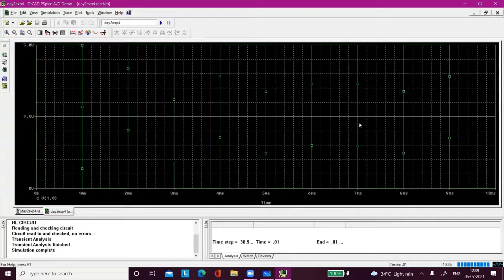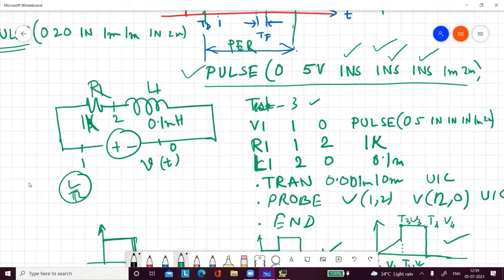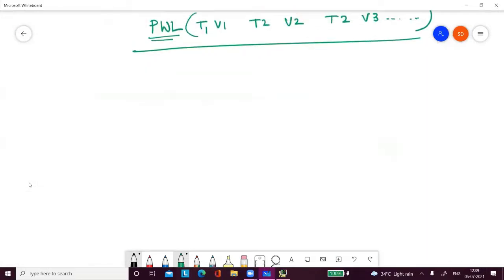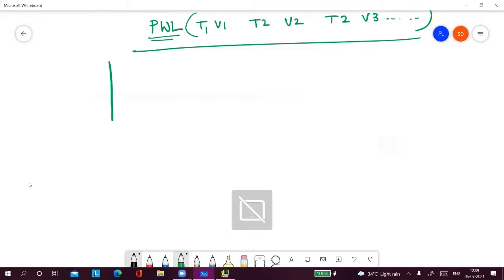Now what will happen? There is a voltage applied, which means the current will build up. Again here it falls: rise, fall, rise, fall, rise, fall. It will be like this, right? Because we applied a periodic waveform, this waveform.